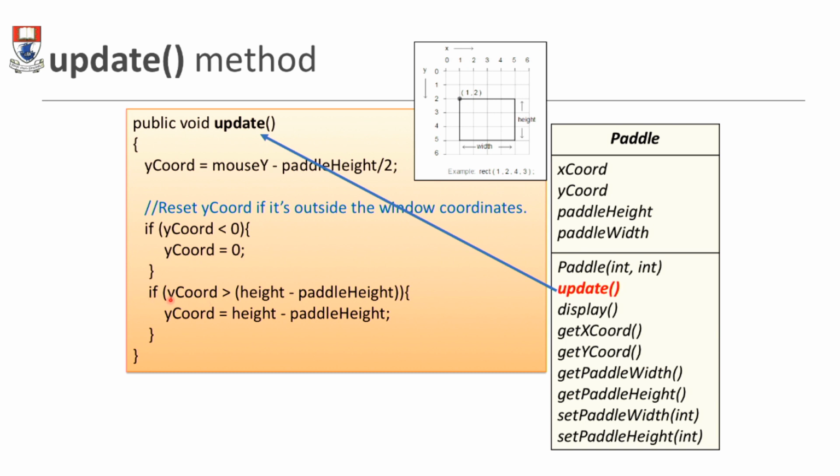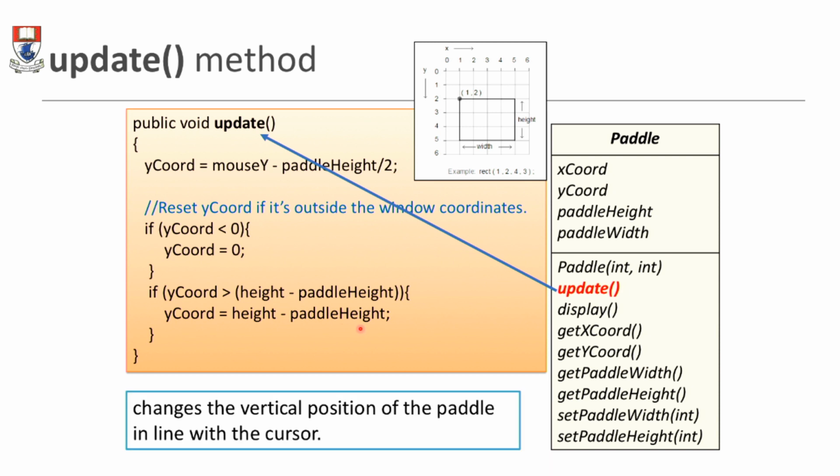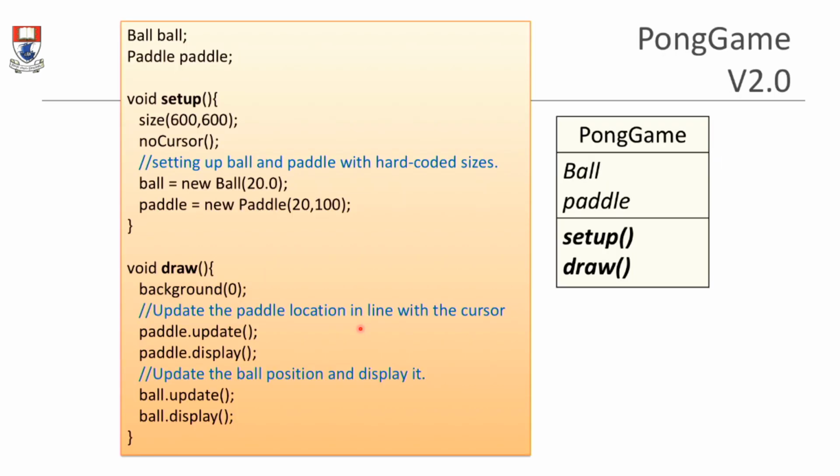Then the second if statement is checking if the Y coordinate has gone off the bottom of the screen. Then we're saying it's gone off the bottom, so therefore we want to draw the paddle at its bottommost position, which is the height minus the paddle height. So this update is how we change the vertical position of the paddle in line with the cursor.